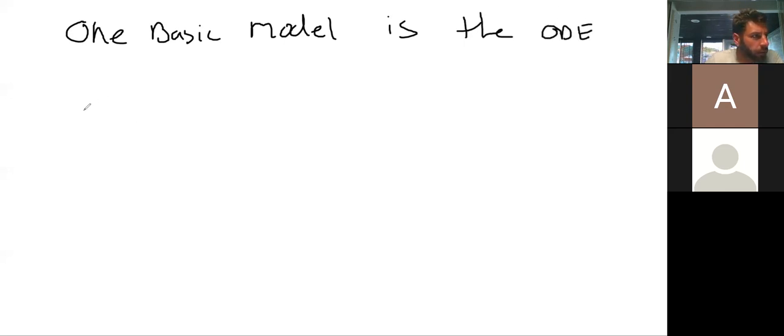I'm going to explain what these constants mean in a second. This is not a T. This is the Greek letter tau. That's a T. So I'll explain what this stuff means in a second.